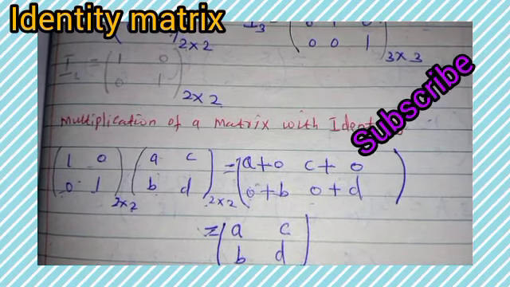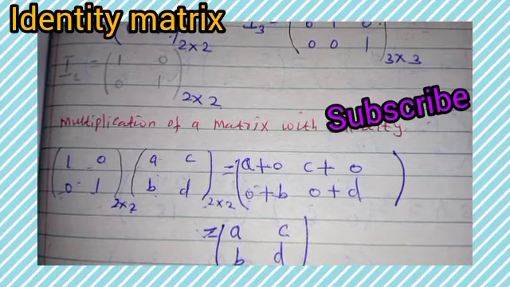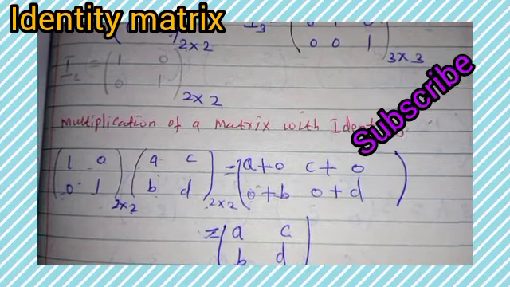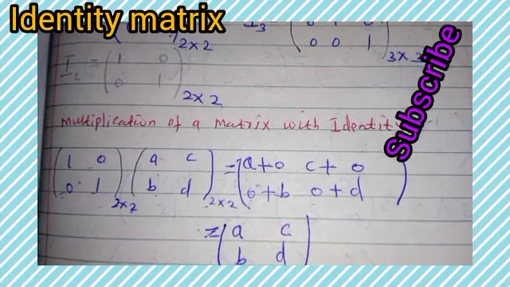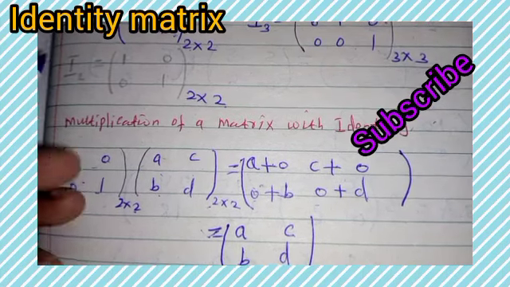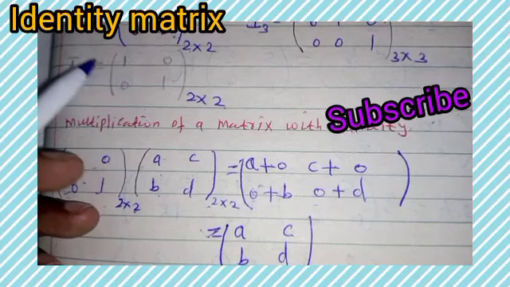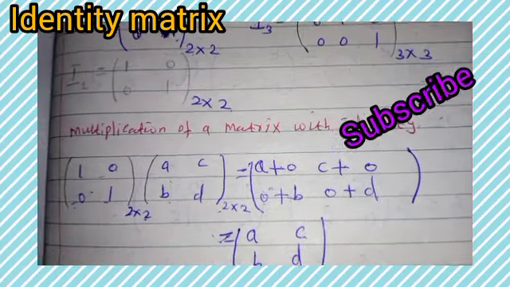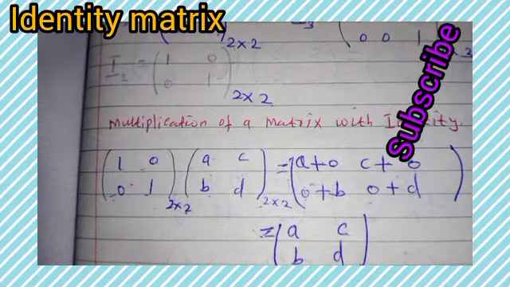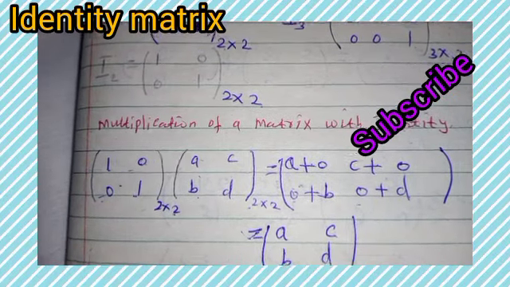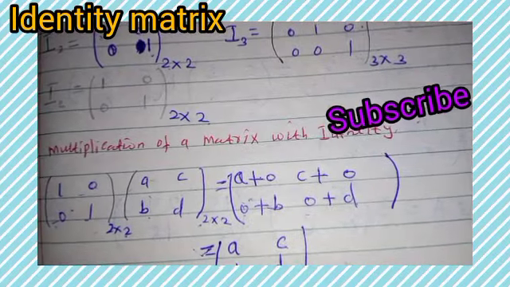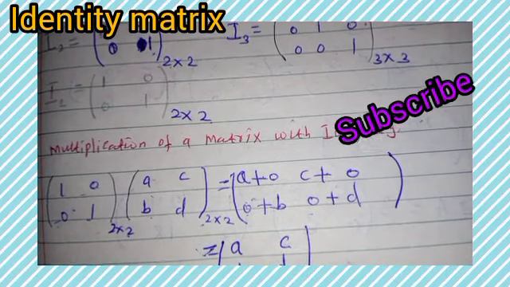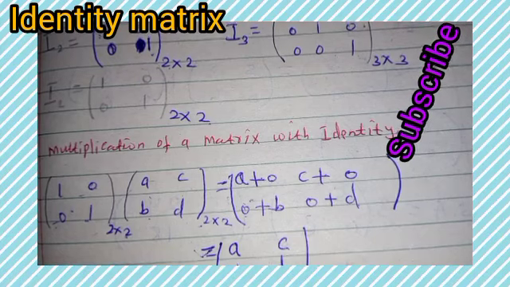So to identify an identity matrix, always check the effect of multiplying with it. Or otherwise, the elements on the leading diagonal are always 1, and the other entries are 0. In the next video, we are going to look at how to get the inverse of a 2 by 2 matrix, making use of the identity matrix.